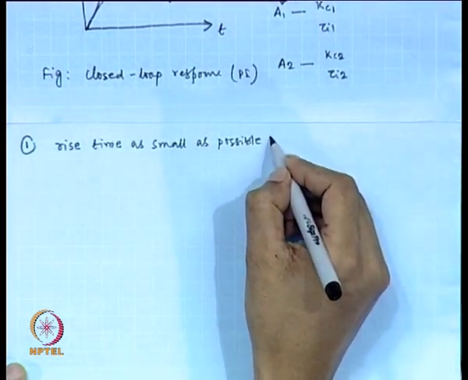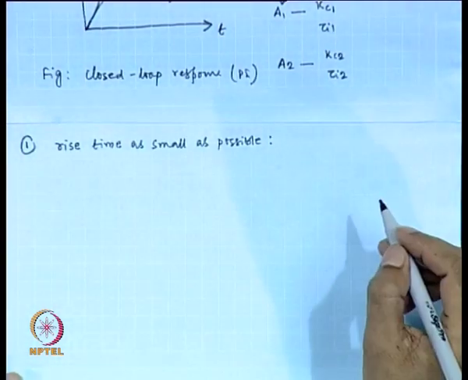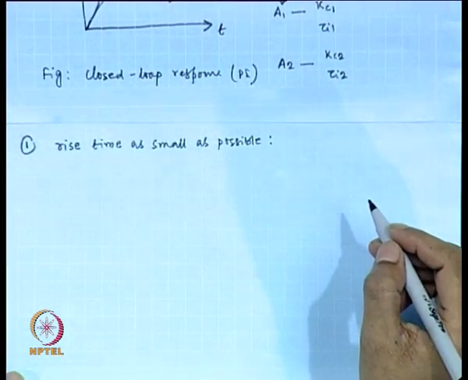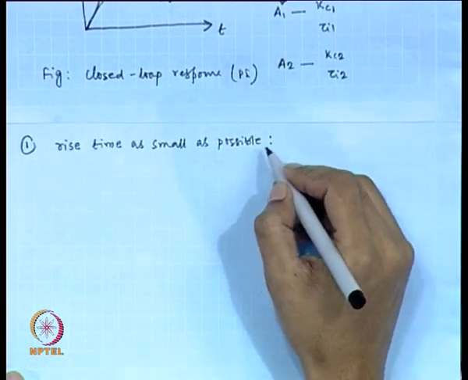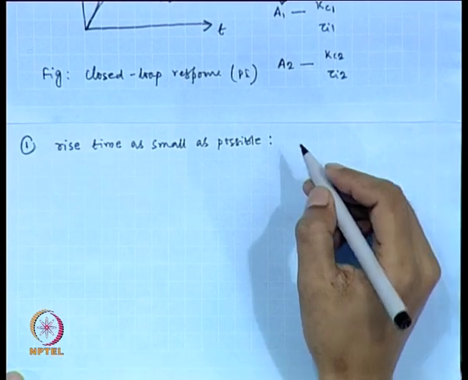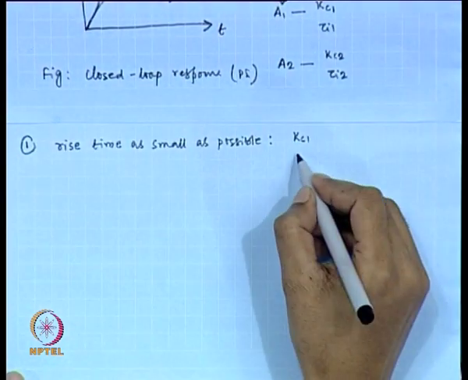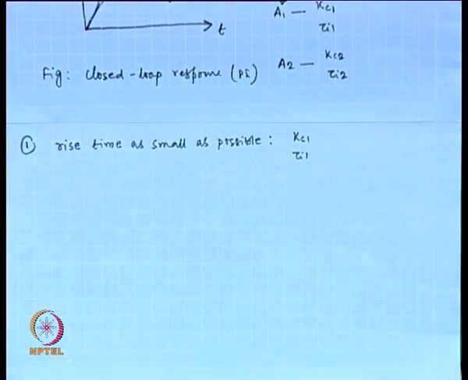This is our target. So, which tuning set will we prefer? If we need to keep the rise time as small as possible, then we will prefer the tuning set corresponding to A1. I mean we prefer Kc1 and tau y1.